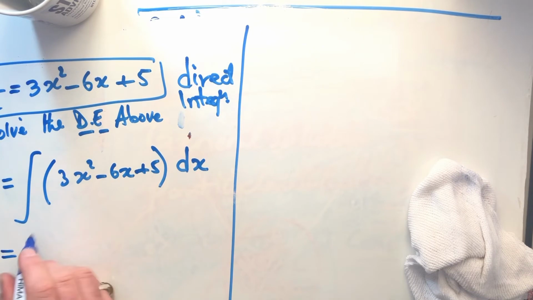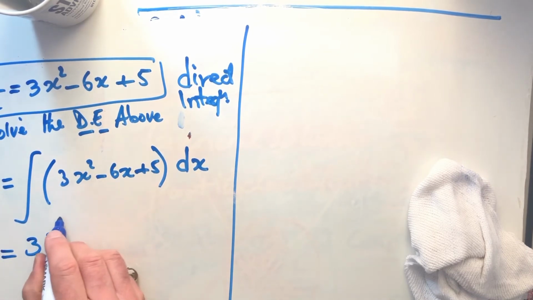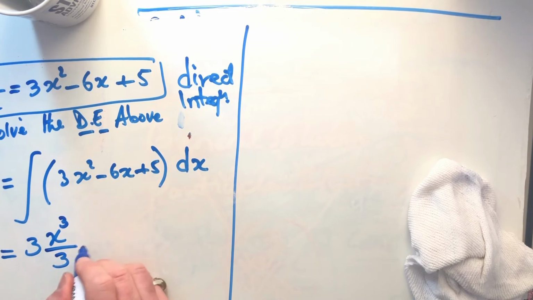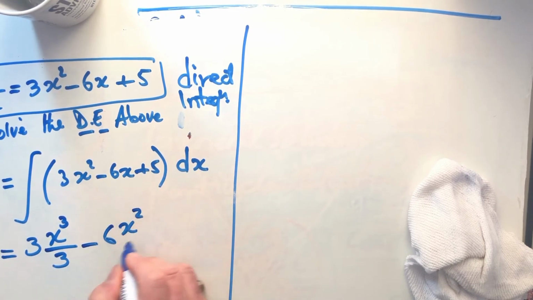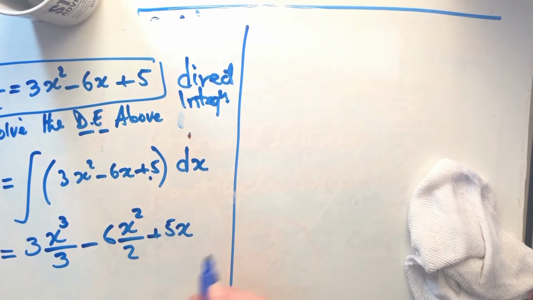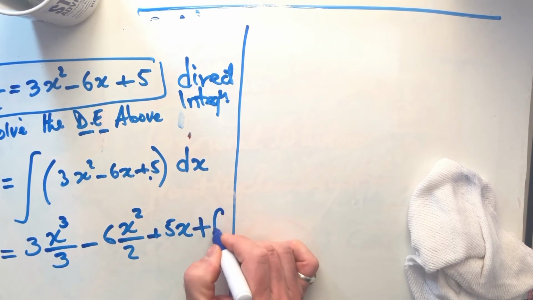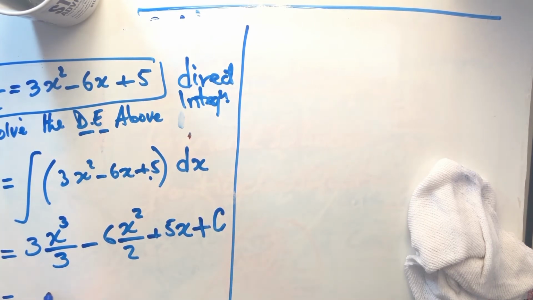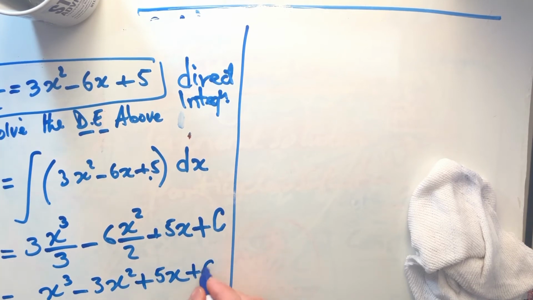And that is equal to, 3x squared becomes x cubed divided by the new power 3, minus 6x divided by 2, and the 5 becomes 5x, and don't forget the constant of integration. This will reduce to x cubed minus 3x squared plus 5x plus c. So this is the general solution, and we have used direct integration to get this solution.